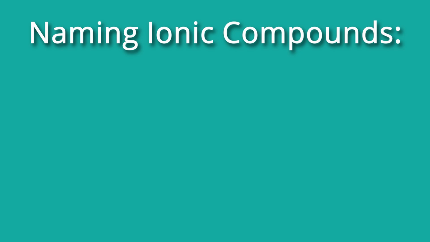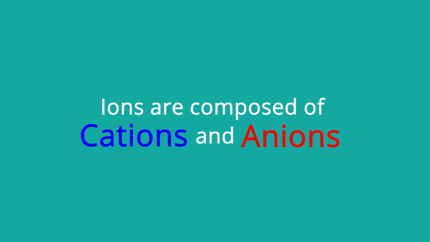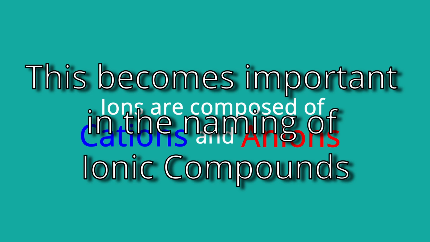But before we do that, we need to do a quick review about ionic compounds. So ionic compounds are made of cations and anions. Cations are positively charged ions, and anions are negatively charged ions.